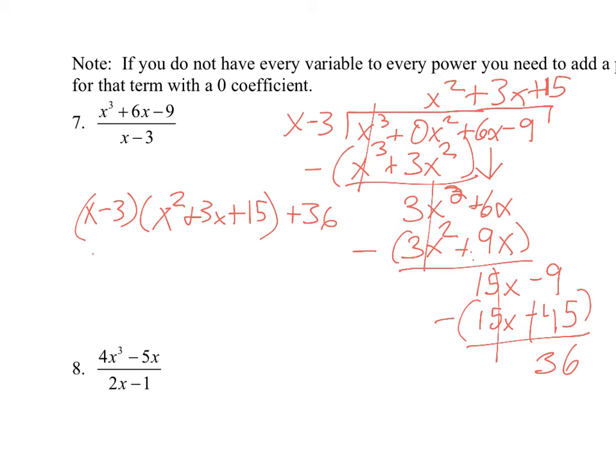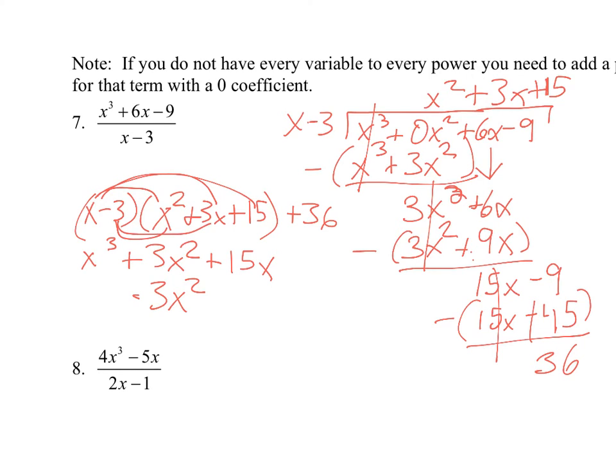All right, so I have x cubed, 3x squared, plus 15x. And then I have minus 3x squared. Notice those are going to drop out now, which is what I wanted because my original didn't have an x squared.